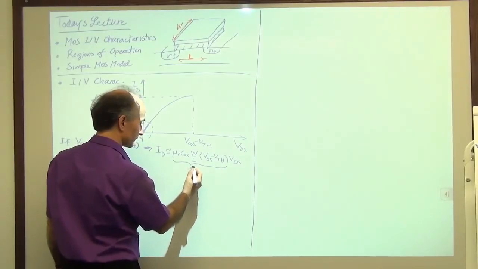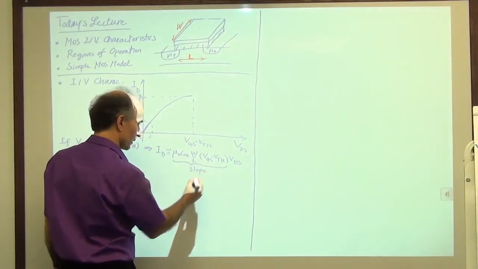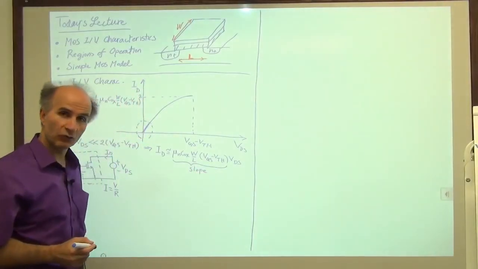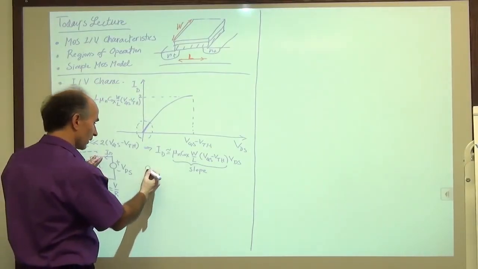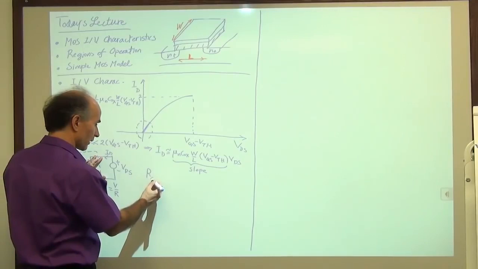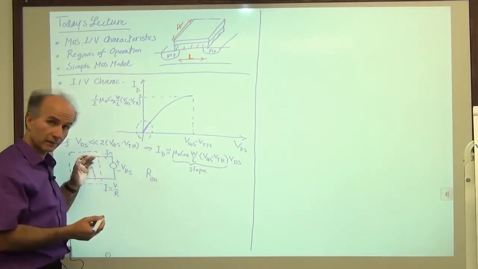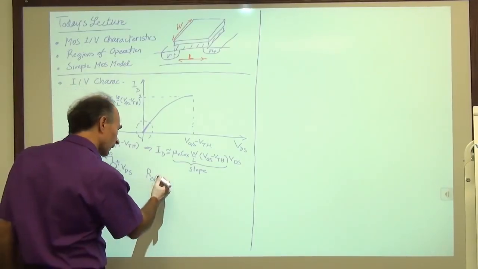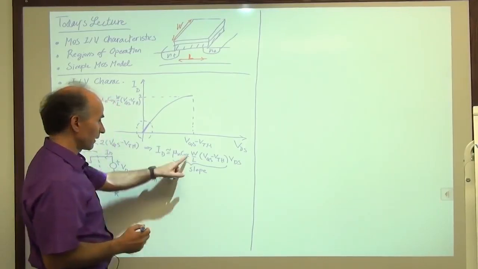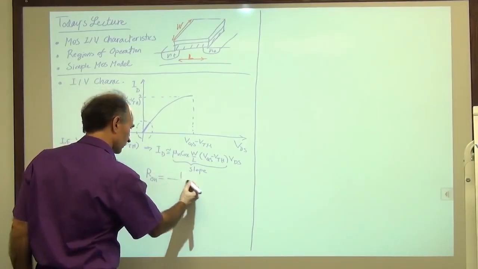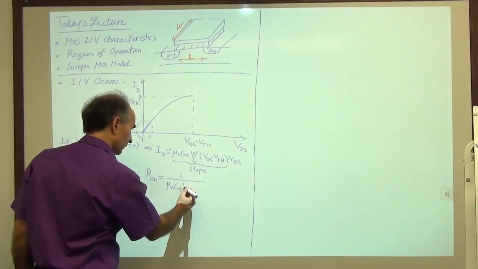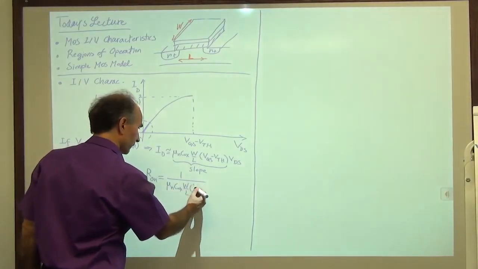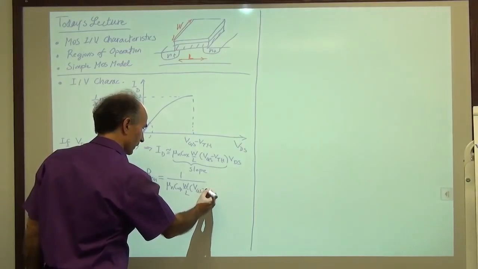This is the slope. So we can associate a resistance to this structure. We will call it R, or R on, meaning the device is turned on, right? That makes sense. And the value would be the inverse of this. So it's equal to 1 over mu n C ox W over L times VGS minus VTH.